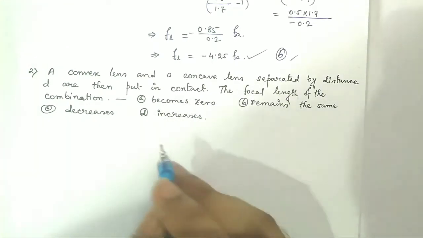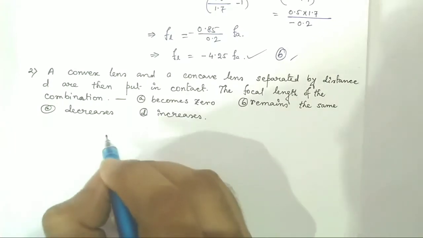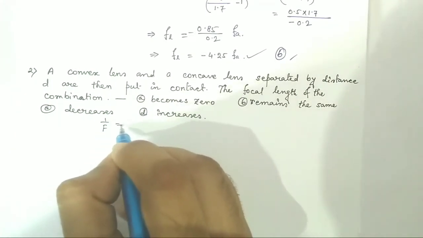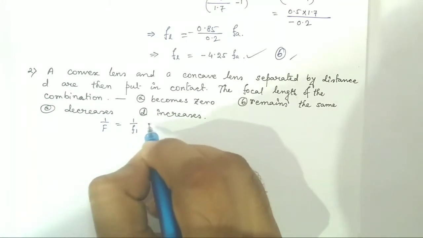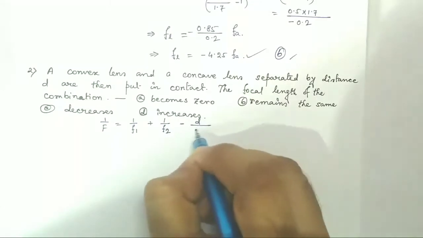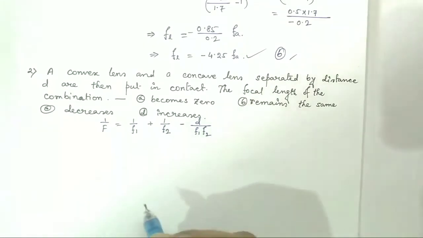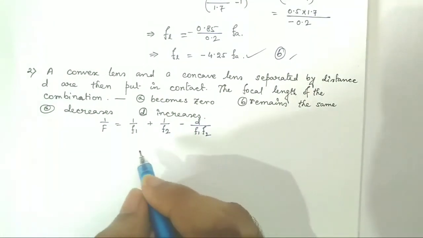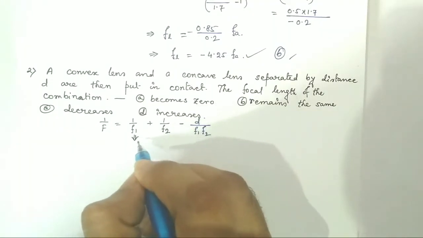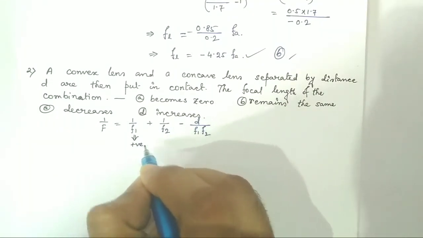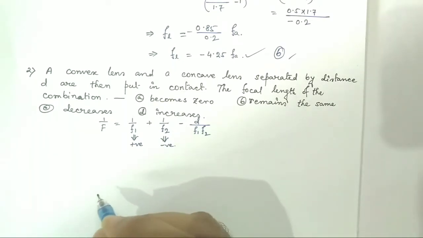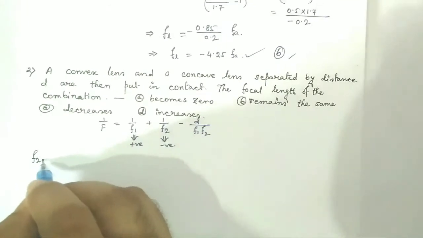Now we know the focal length of the combination of two lenses is given by 1/f = 1/f1 + 1/f2 − d/(f1 f2). But we know the focal length of a convex lens is positive. Suppose this is my convex lens, so f1 will be positive, and the focal length of a concave lens is negative. So f2 is negative.